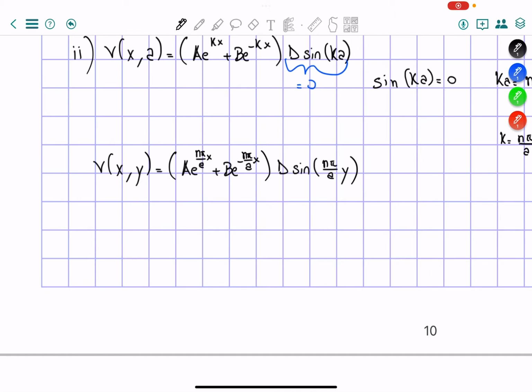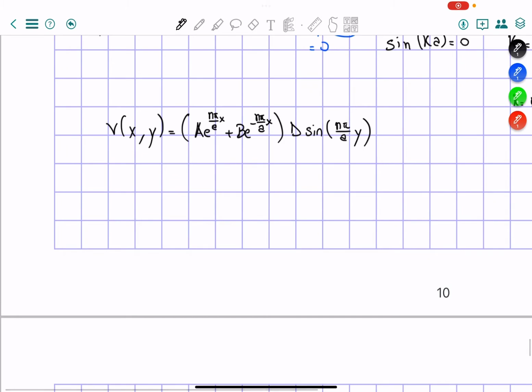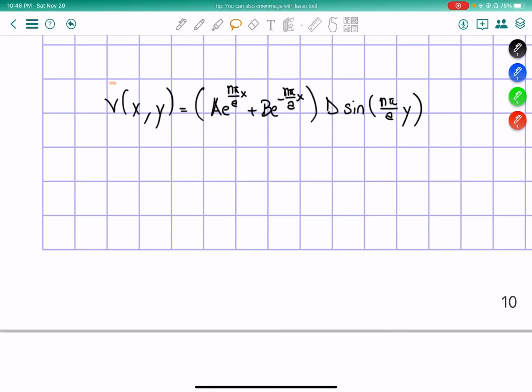This is the formula we get out of the boundary conditions. That is all we know about when y is equal to 0 and y is equal to a. Once we finish, our actual solution will look a little different from this.